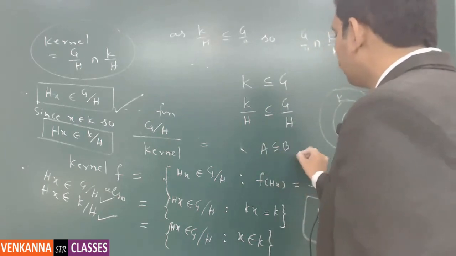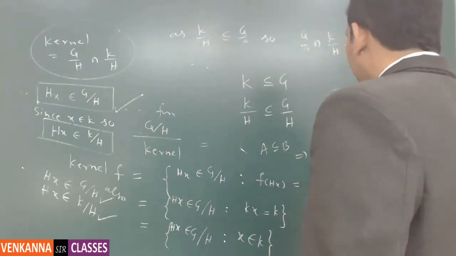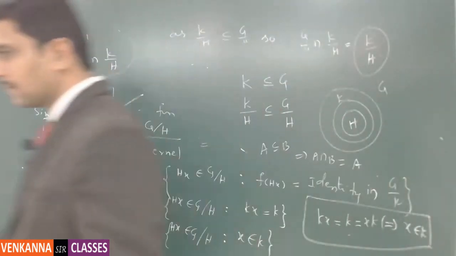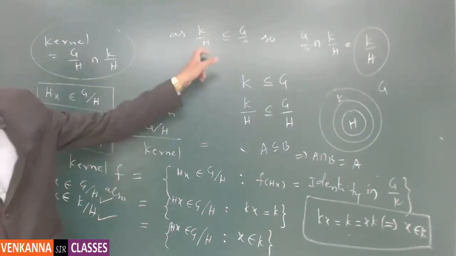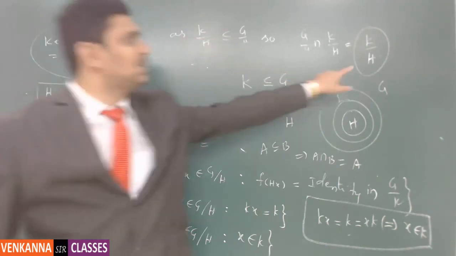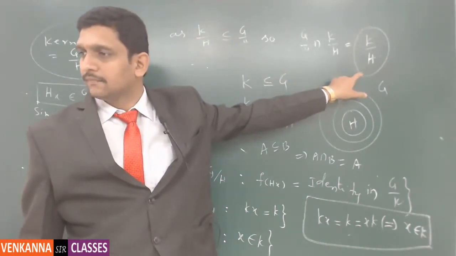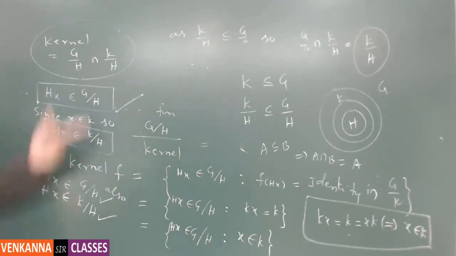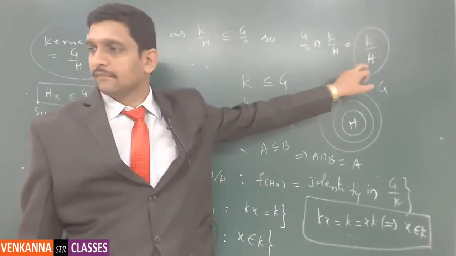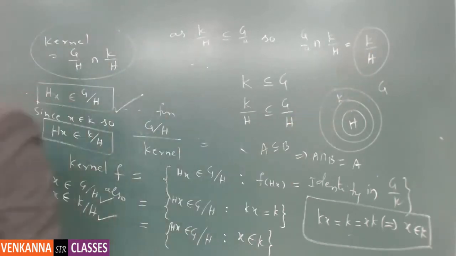If A is a subset of B, then A intersection B is nothing but A. Accepted? Since this is a subset of this, if you consider the intersection, this part will come. Did you get the logic now? How it came? That's it. So kernel is nothing but K by H here. The kernel value is K by H here.